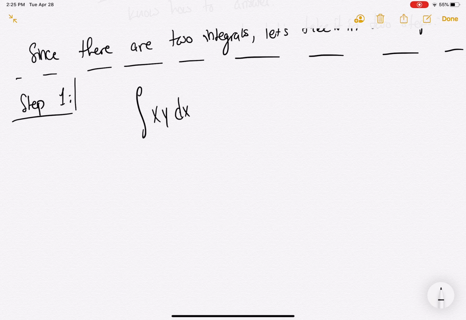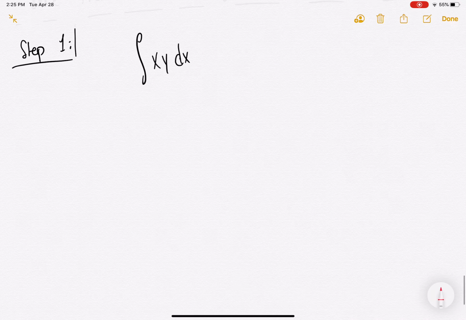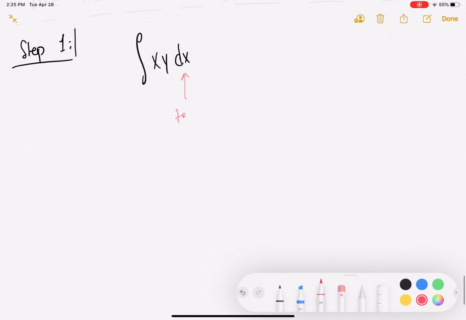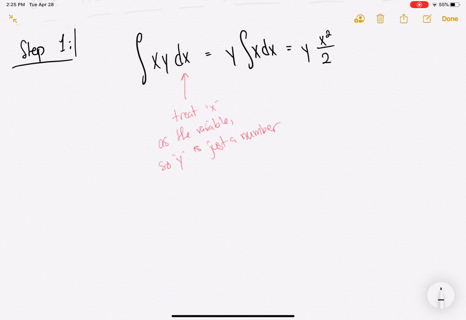And I think everybody can agree with me that the dx means we treat x as the variable, so y is just a number. Which means I can rewrite this as y integral of x dx, and everybody knows how to use the power rule to integrate x.